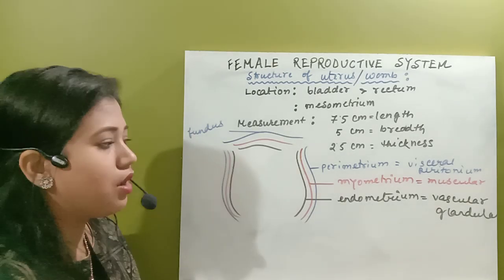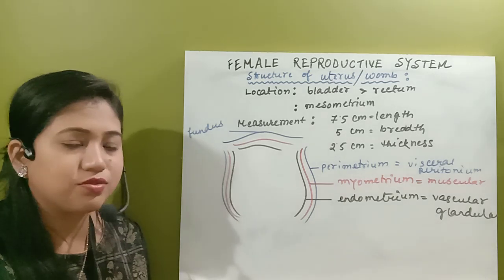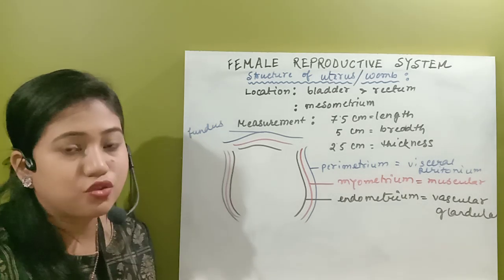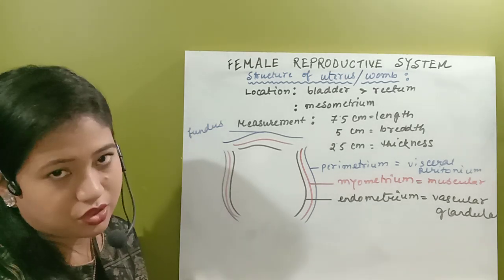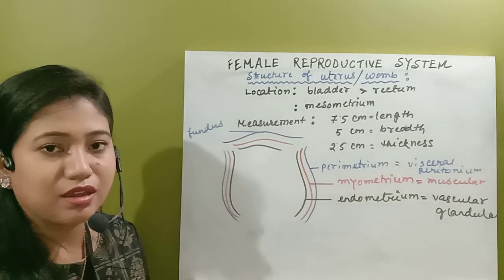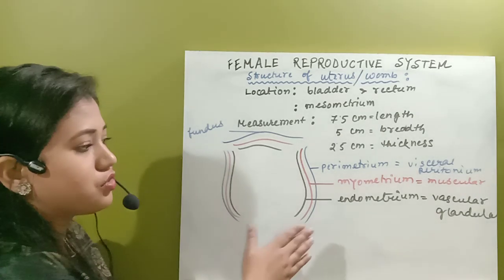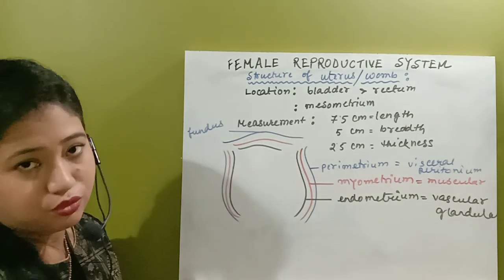Suppose the process of pregnancy has not started. In a non-pregnant woman, this endometrium ruptures, and whenever it ruptures we have the menstrual bleeding. We'll see that later in the menstrual cycle. So this is the endometrium, and this is the structure of the uterus.